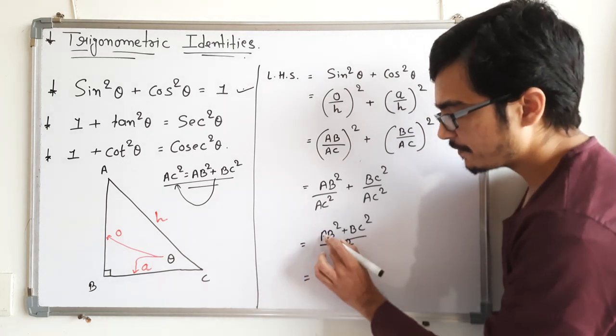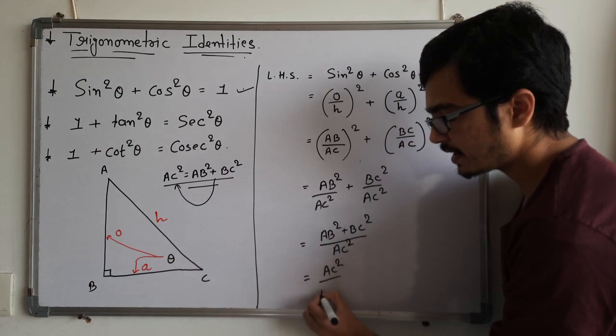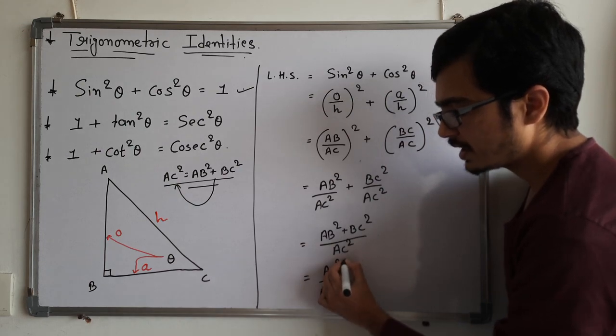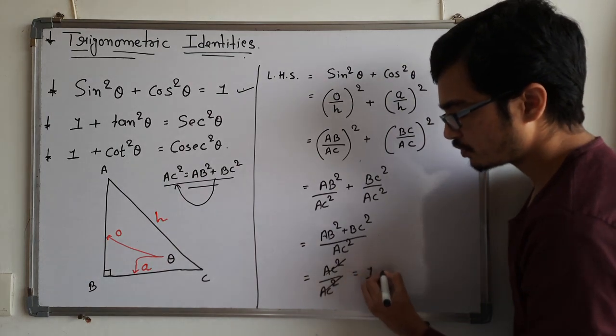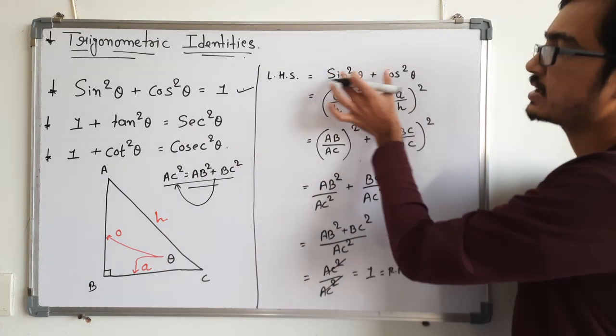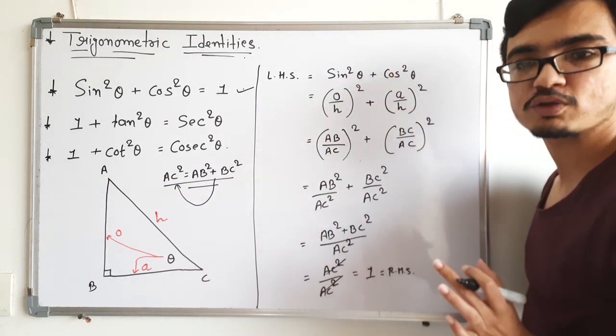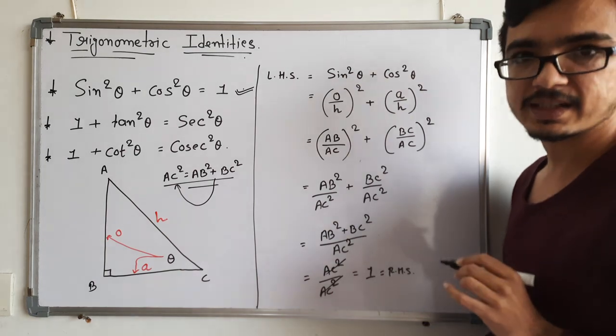So in place of AB square plus BC square, I can substitute AC square upon AC square. AC square gets cancelled, and this is equal to 1, which is nothing but the RHS. So sine square plus cos square is equal to 1. We have derived this first identity.